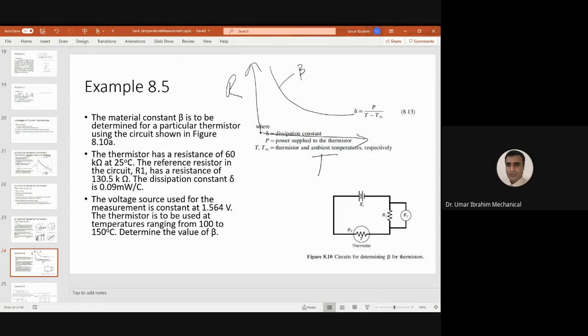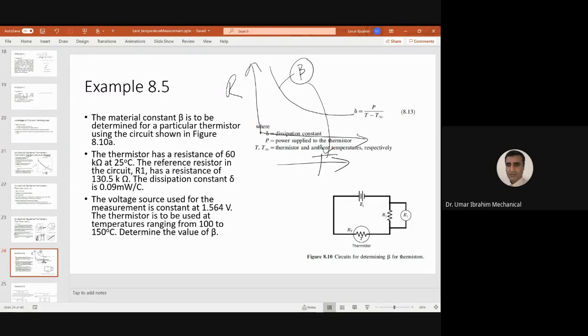So typically we assume that a single thermistor has only one beta, or we say that beta is not a function of temperature. That means that beta is not changing as temperature changes. And we assume that beta has a single value for a thermistor. Okay? But in reality, beta is a function of temperature, and beta value changes as temperature changes.